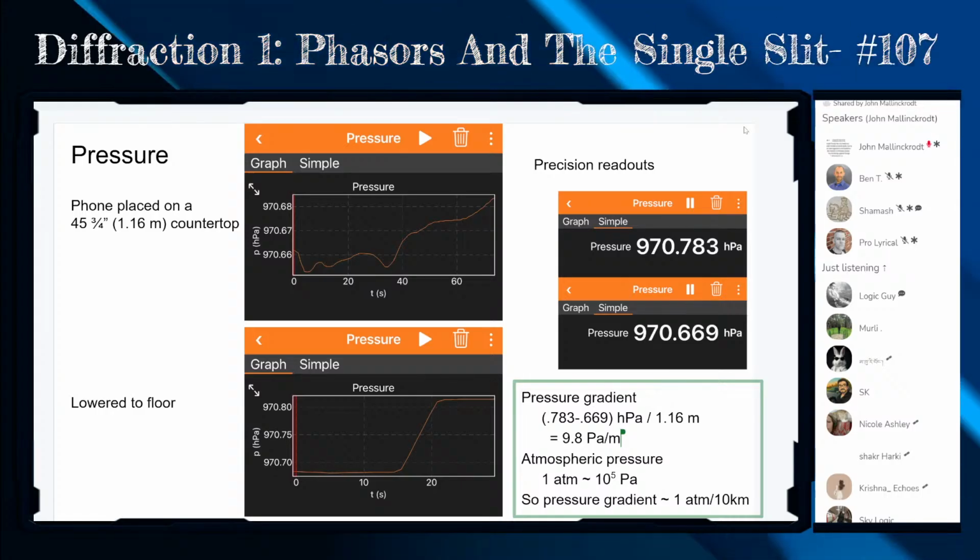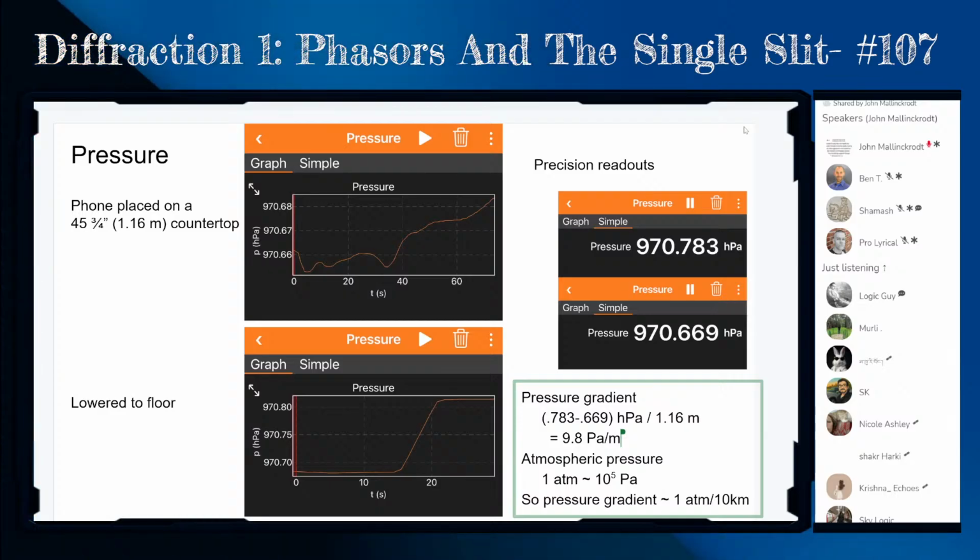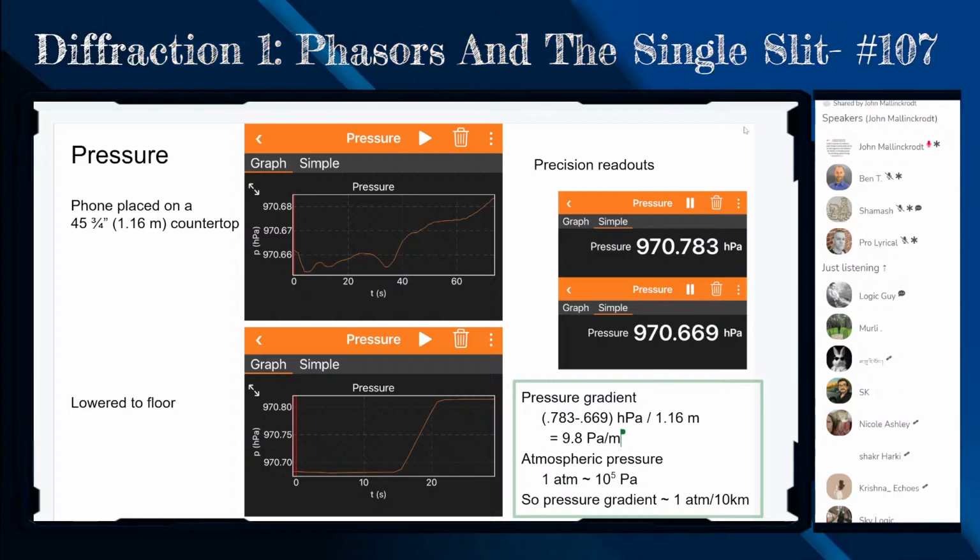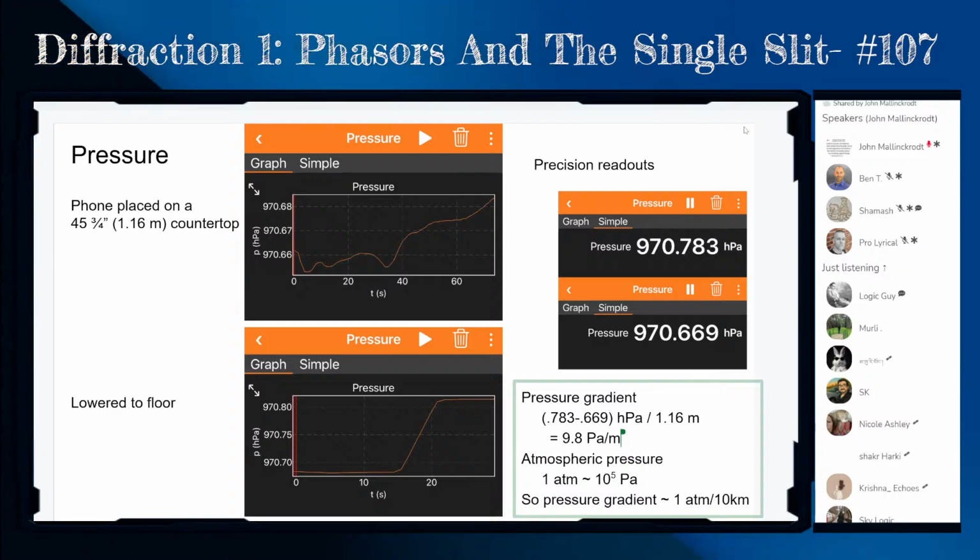And the best way to consider that 9.8 Pascal per meter is to compare it with atmospheric pressure, which is 100,000 Pascal. If you notice that 1 atmosphere is 10 to the 5th Pascal, and that the pressure here changed by about 10 Pascal per meter, that means that the pressure gradient is equivalent to going through one atmosphere of pressure in about 10 to the 4th meters.